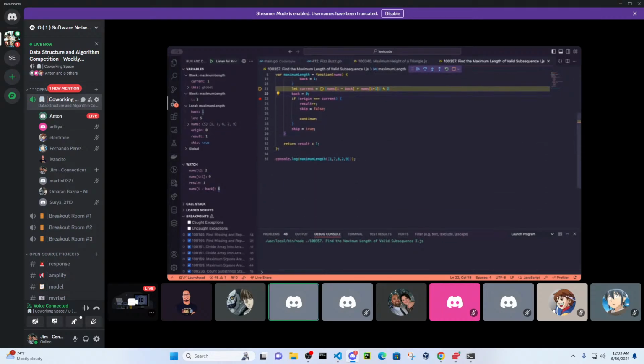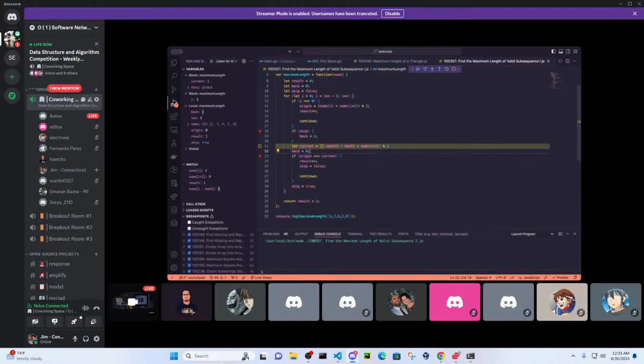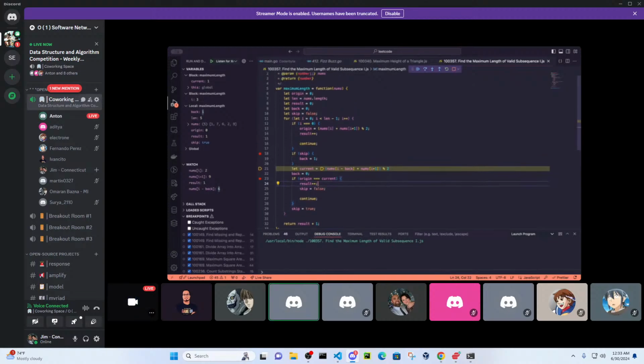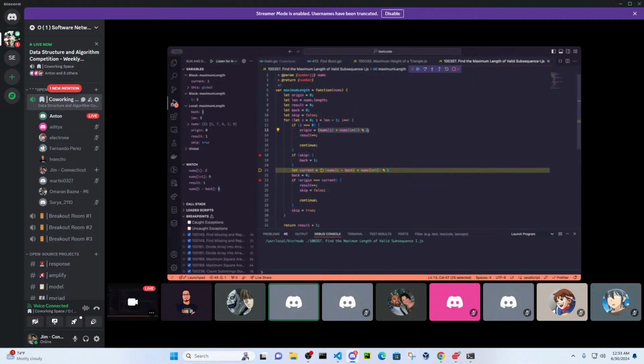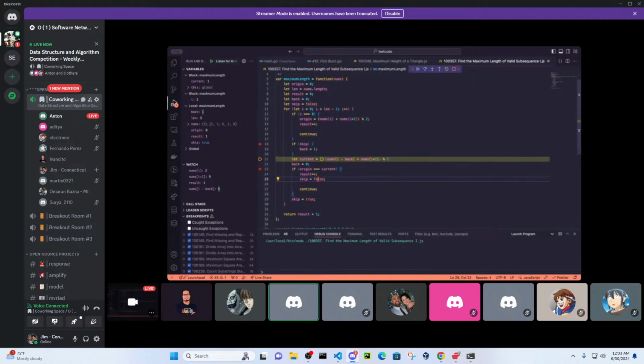So my idea was just to iterate through every element in the array, and if the pattern works, so origin equals current, we add to the result.